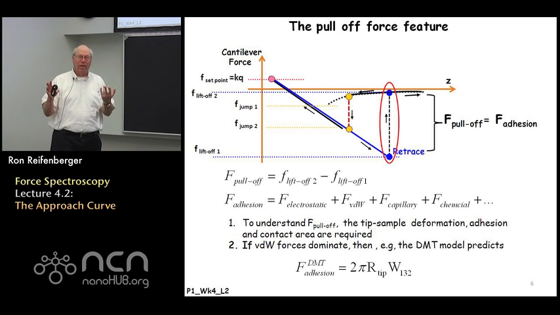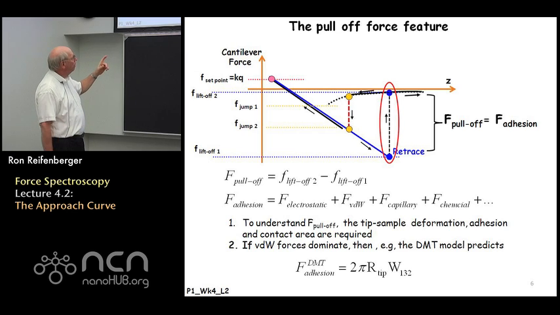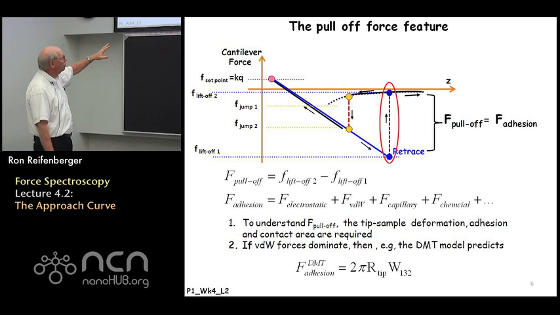What you can say, though, is that if the van der Waals forces dominate, and this is the best you can hope for, then you can use a particular model to interpret the adhesive force in terms of some very fundamental quantities.